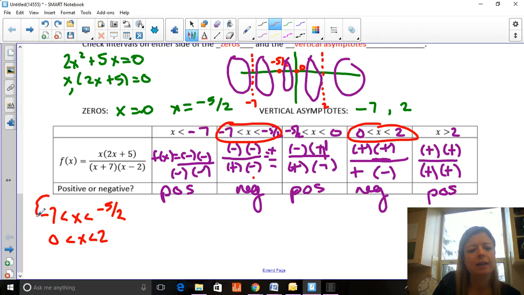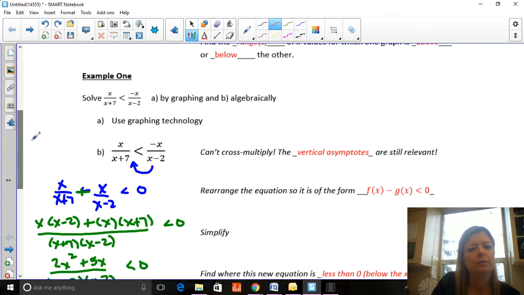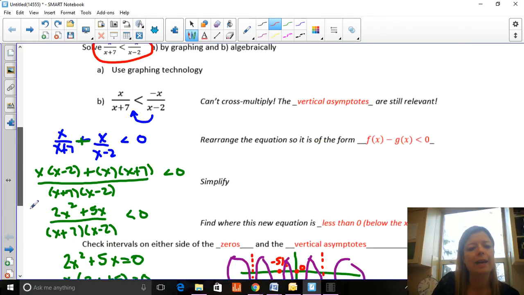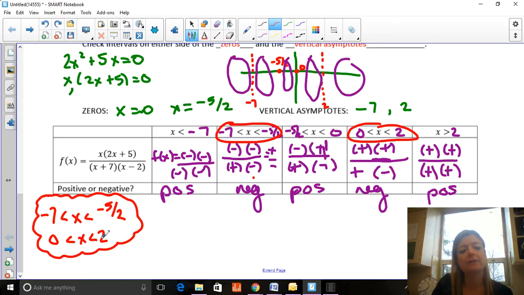So this is the solution to the original inequality, which is right here. That's the solution. So if you put in any x values within these ranges, the inequality will be true. If you put in any x values that aren't within those ranges, the inequality will not be true.